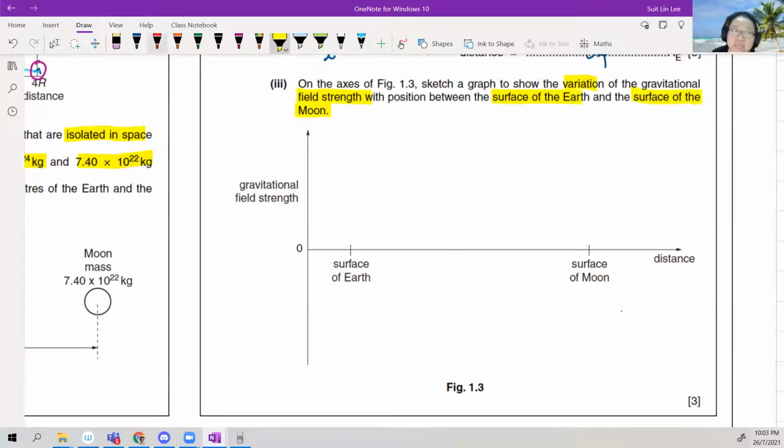Now I'm going to draw this. On the surface of the Earth, we are talking about 9.81. Or rather, I can put GS. So this one is going to go like that. Teacher, on the surface of the Moon is around GS over 6.